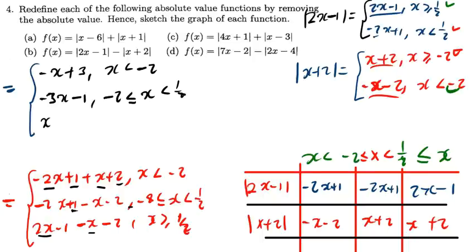Positive x, then negative 1, and that one will give me negative 3. Let me write it properly. So the condition is that x should be greater than or equal to half.